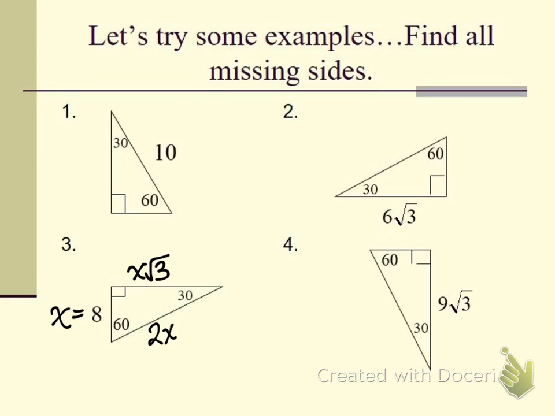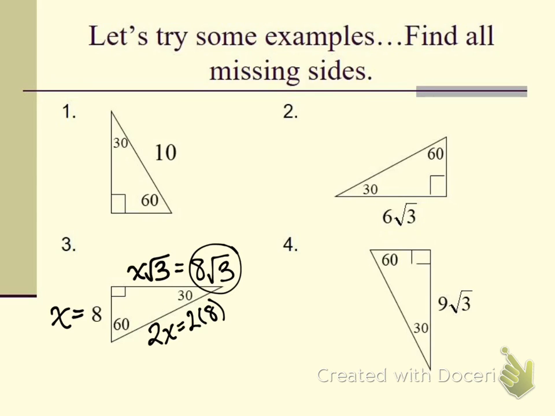Once you have all the sides labeled, then you should go back through and see if you can determine what the sides are. If they give you the shortest side, that's the easiest situation. X is already solved for, so you just have to plug it in. 8 radical 3 cannot be simplified, so we just leave it as 8 radical 3. 2 times 8 can be simplified.